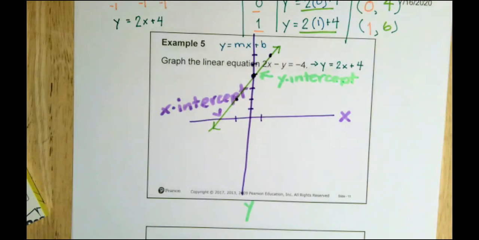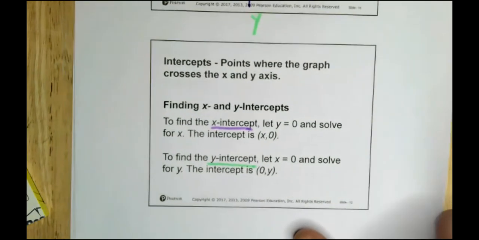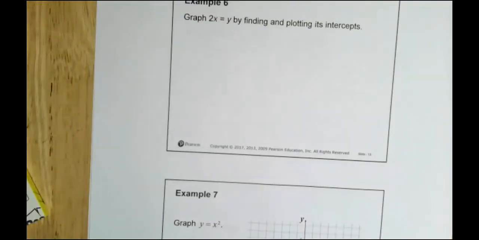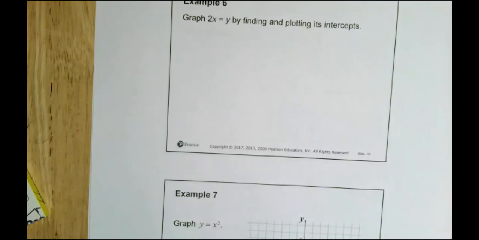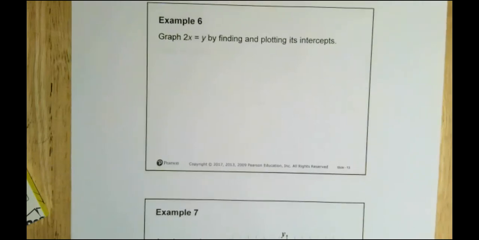And for the y-intercept, we set x equal to 0 and solve our equation for y. Example 6. Example 6 says graph 2x equals y by finding and plotting its intercepts.